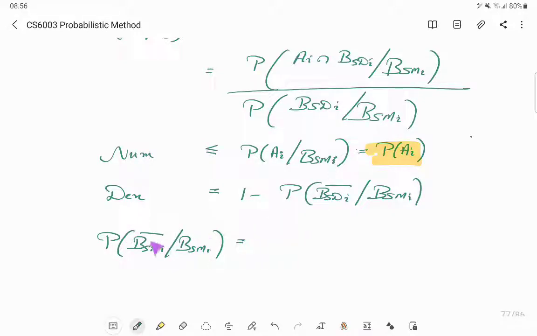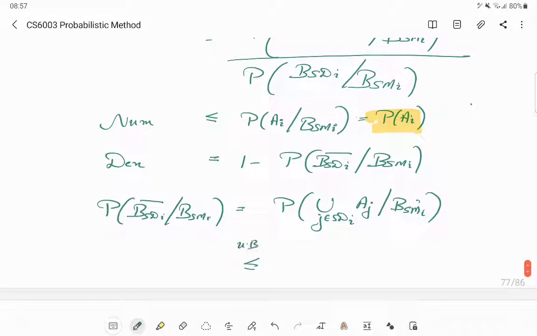So this is a complement of an intersection, which means it's a union of complements. Okay, union of Bj complements, or Bj complements is nothing but Aj, right, given B SMi. So now our aim is to use this union bound in the conditional world and write it as sigma j element of SDi P of Aj given B SMi.